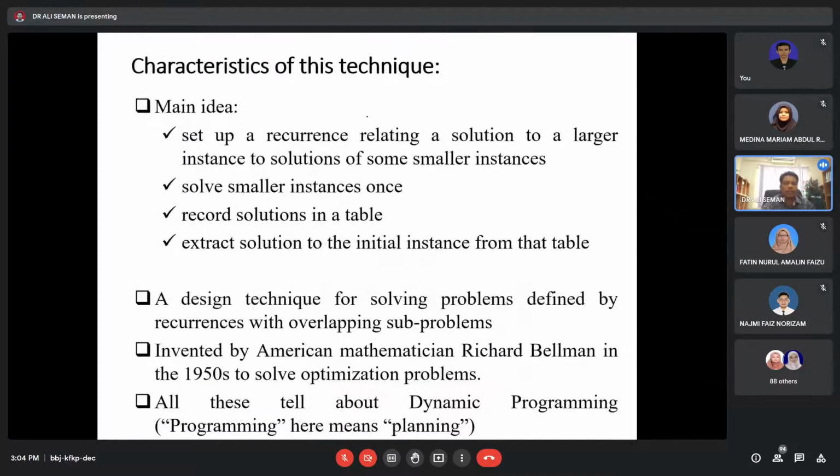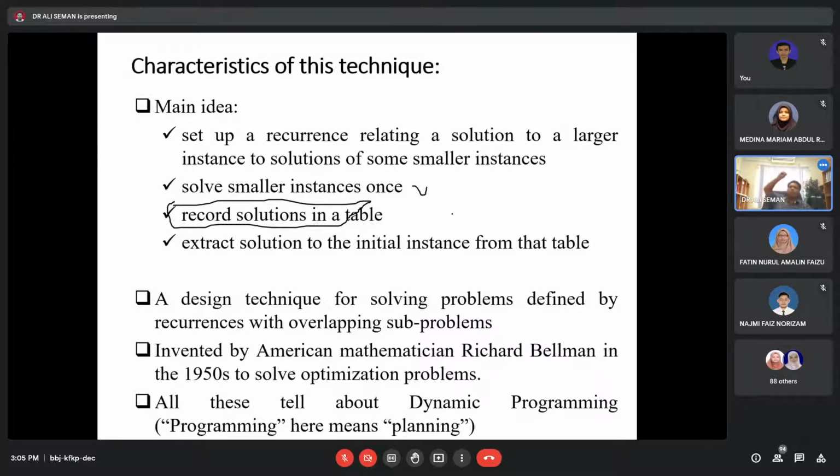Okay, characteristics of this. The main idea: set up a recurrence relating a solution to a larger instance to a solution of some smaller instance, and solve the smaller instance once. This is a recursion as we did for the recursive algorithm. Record the solution in a table. This is actually one of the main characteristics of the algorithm.